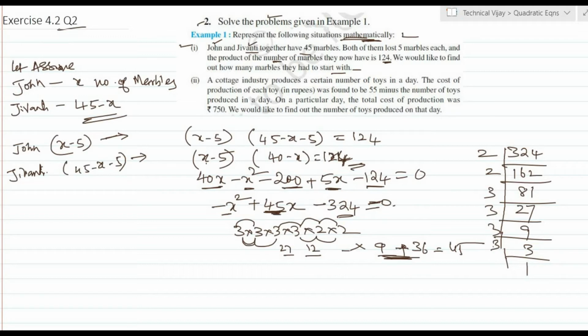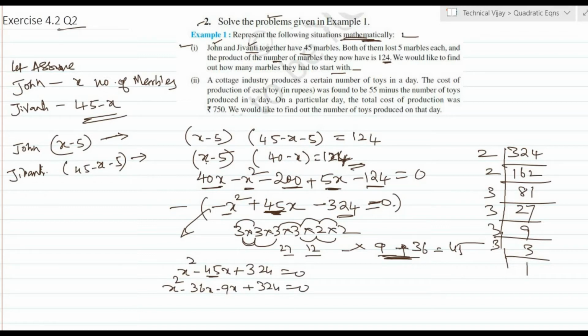So in this way, just by permutation and combination, we have to find out the factors so that we get the middle term. Here this equation we can write in this way also, by multiplying the whole equation with minus. That is, it will be x square minus 45x plus 324 equal to 0. This will not have any effect on these factors. So now we write 36 and 9, here minus 45 is there. So x square minus 36x minus 9x plus 324 equal to 0.